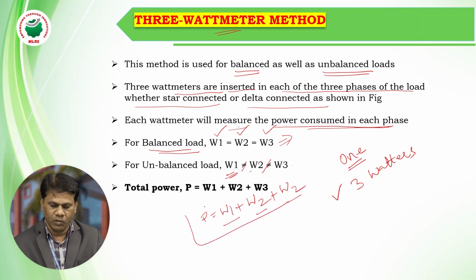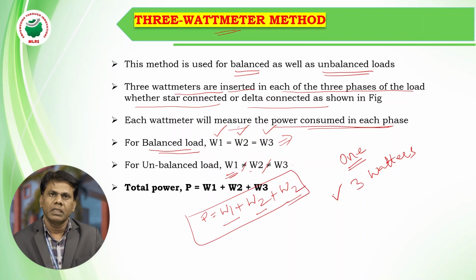By adding them, we get the total power in a three-phase balanced or unbalanced load, either star connected or delta connected, using the 3 wattmeter method.